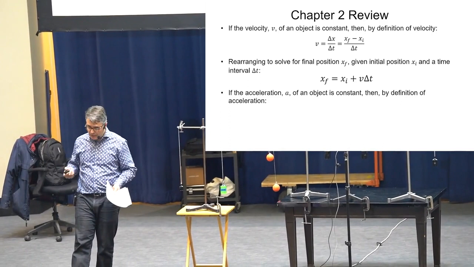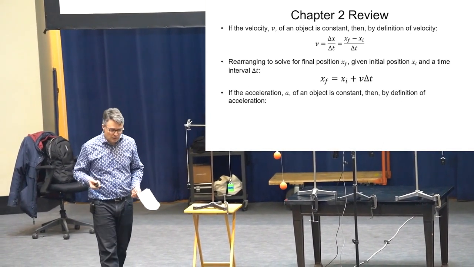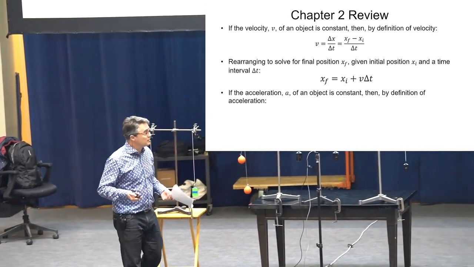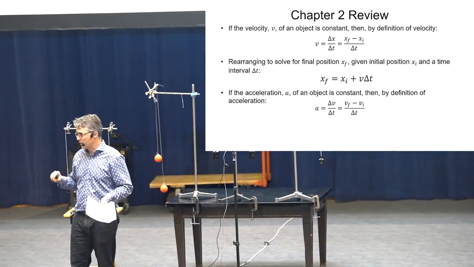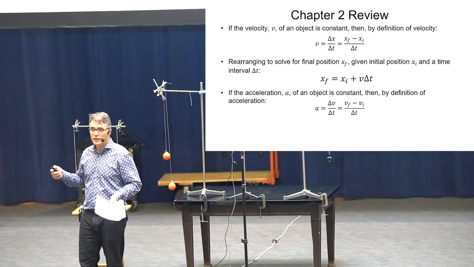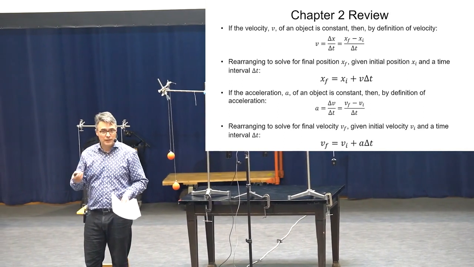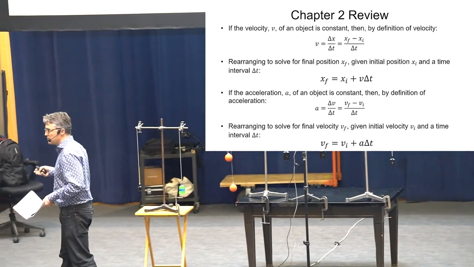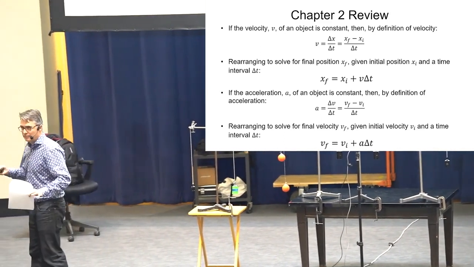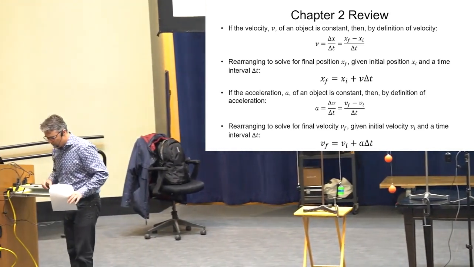Similarly, if the acceleration of an object is constant, then the definition of acceleration is change in velocity divided by delta t. You can rearrange that to get that the final velocity is the initial velocity plus a times delta t. Okay, so that's real basic old stuff.